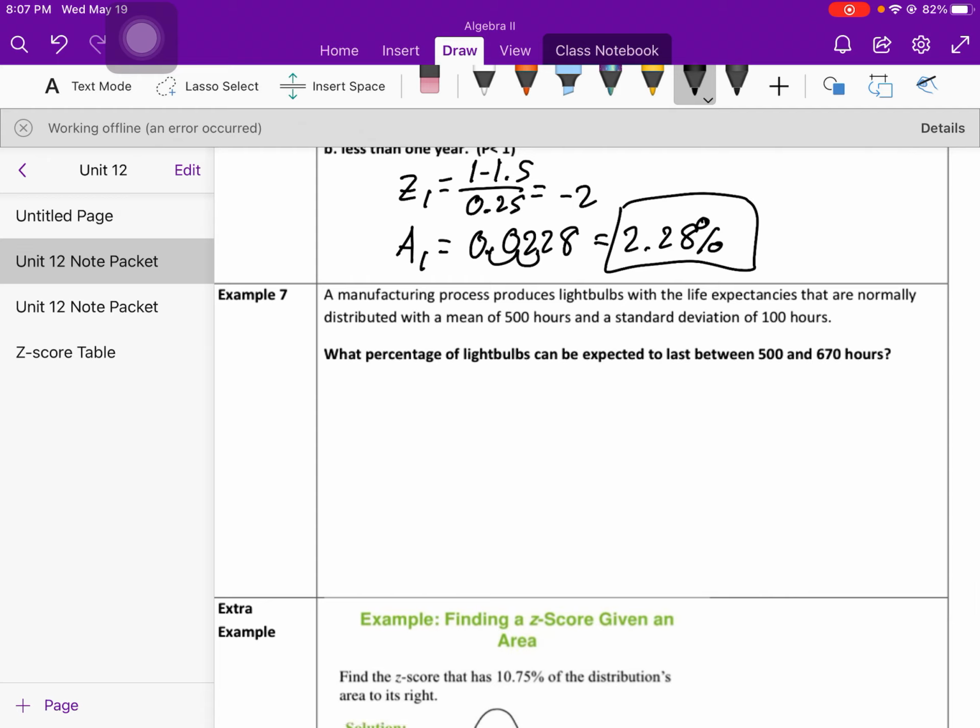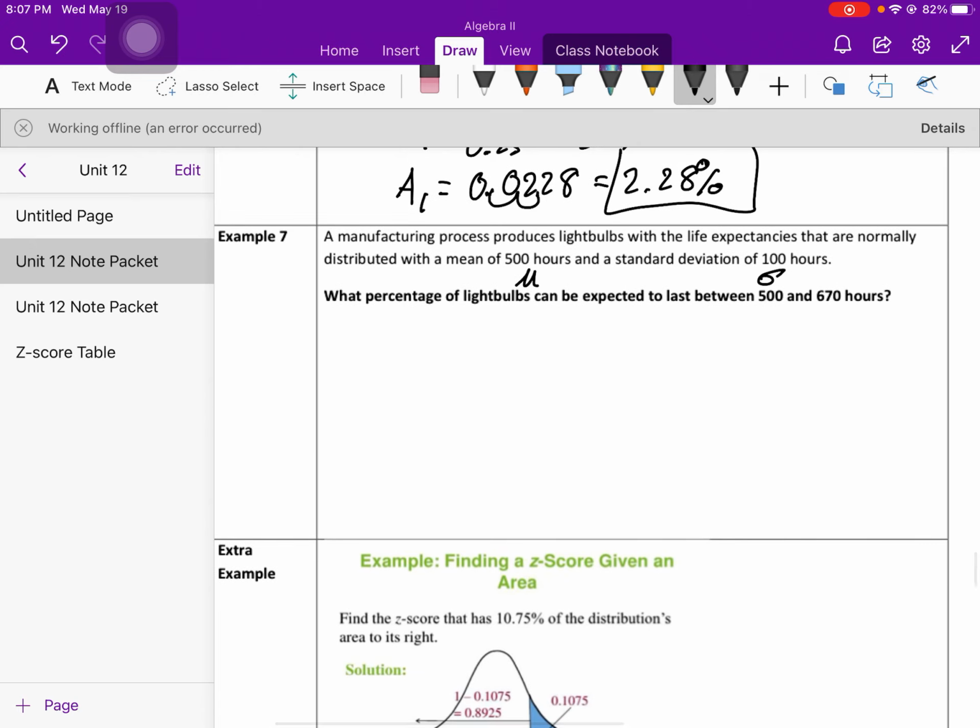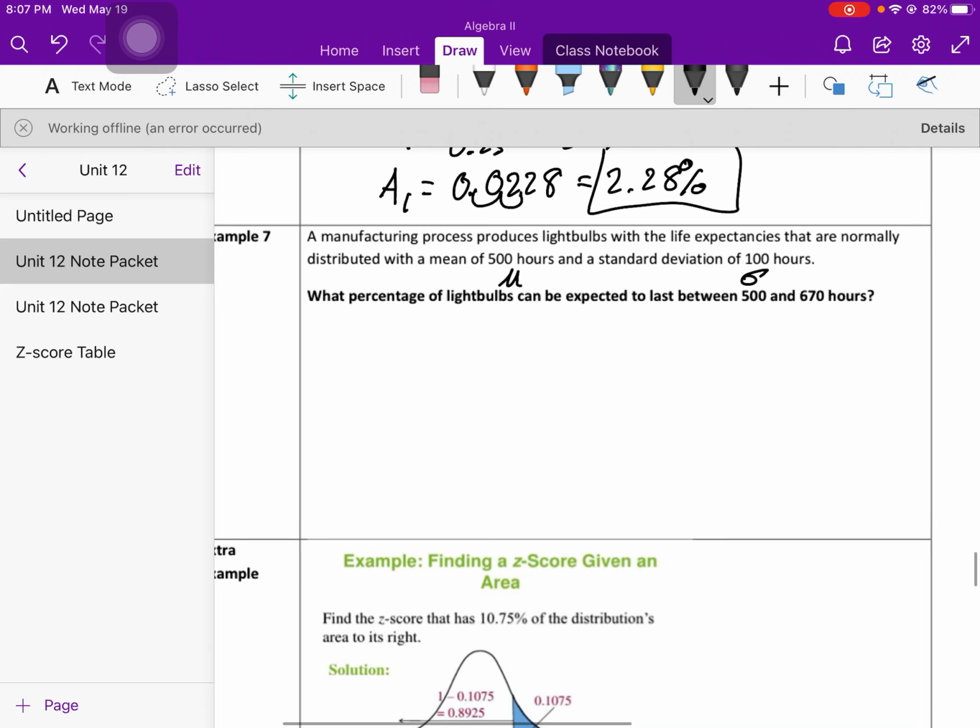One last example and then we're done. A manufacturing process produces light bulbs with life expectancies that are normally distributed with a mean of 500 hours and a standard deviation of 100. So here's our mean, standard deviation. What percent of light bulbs can be expected to last between 500 and 670? So the first thing is here, since it's between, you got to find two different z-scores.